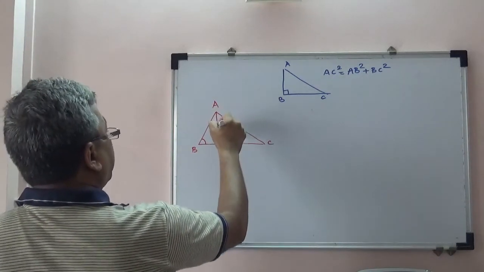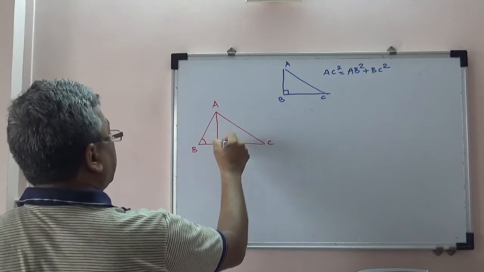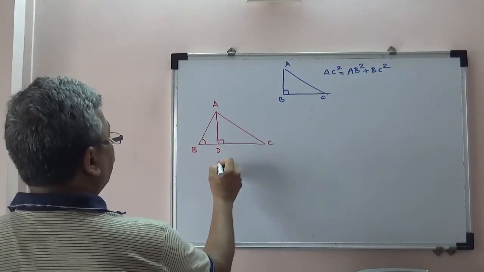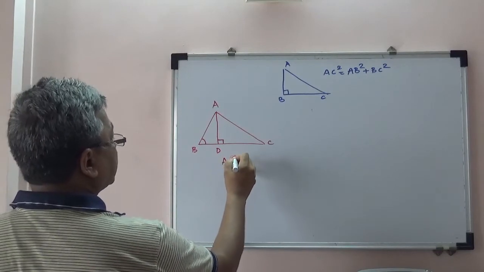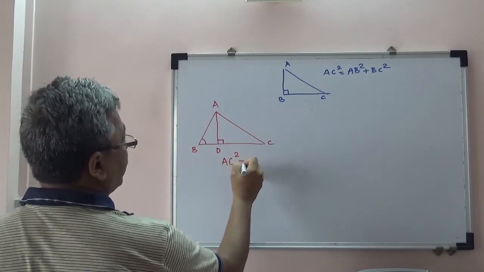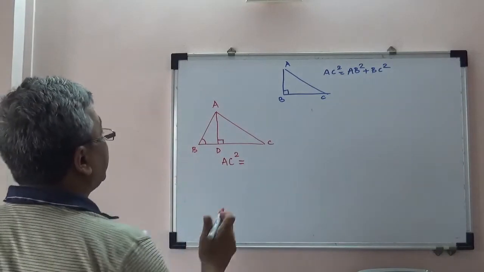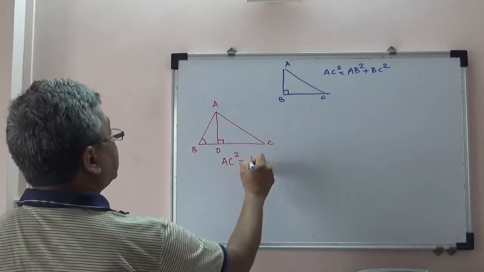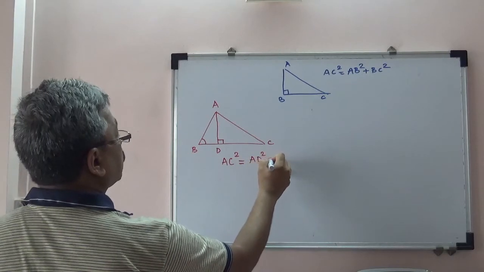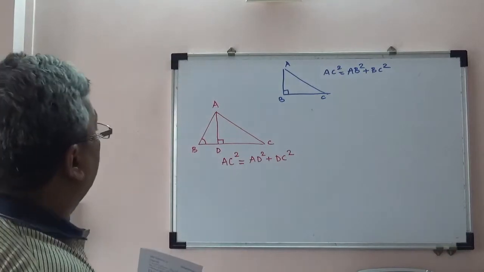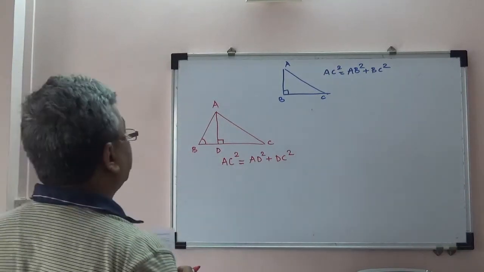So we draw a perpendicular and let that point be D. Now we want to find out distance AC. So AC square, applying Pythagoras theorem to triangle ADC, we get AD square plus DC square, right? This is the starting point.